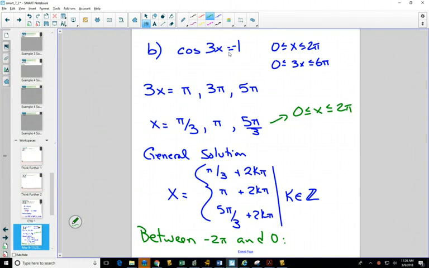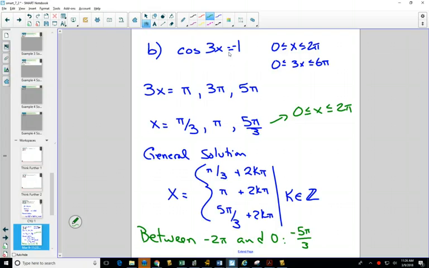If we had to list our answers between negative 2 pi and 0, we have to ask what's coterminal with pi over 3 if I go in the negative direction. Here's pi over 3, I'm going around this way. That would be negative 5 pi over 3.